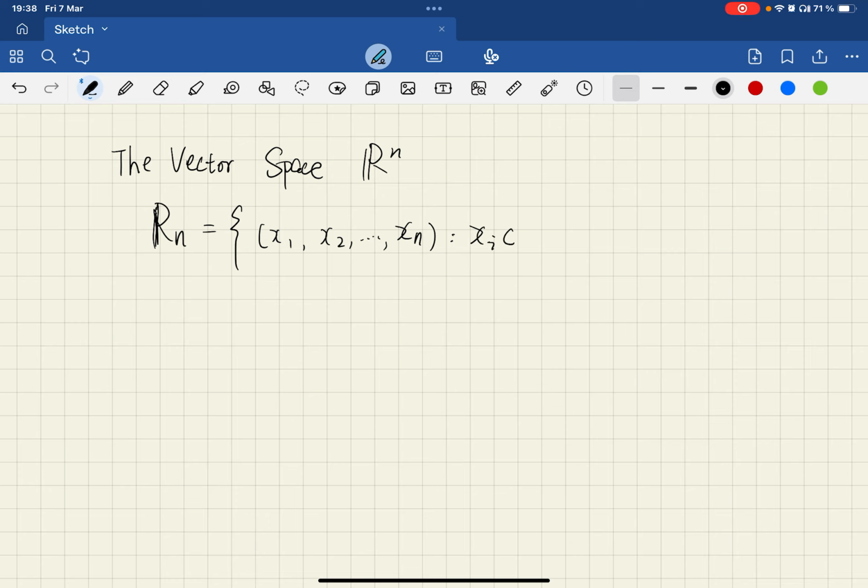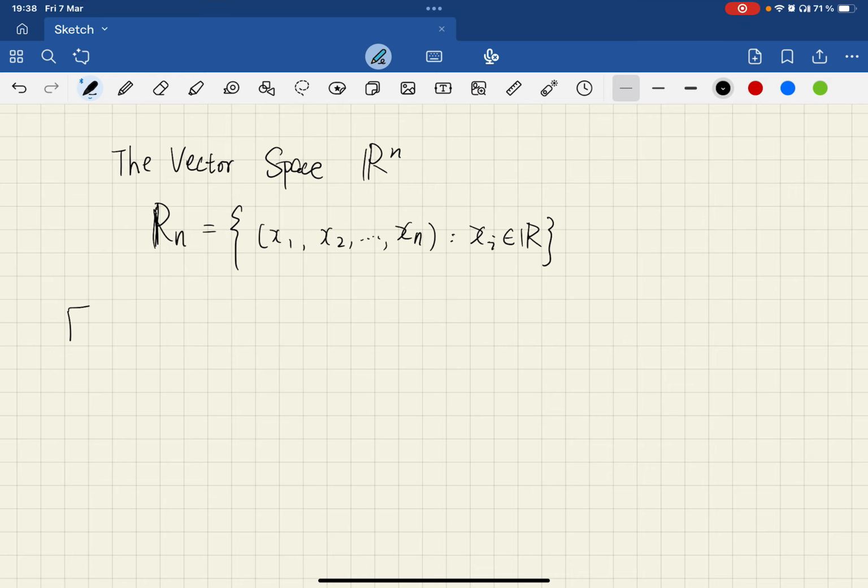The n components denote the n dimensions of numbers, where in a vector you put n numbers at n different places.